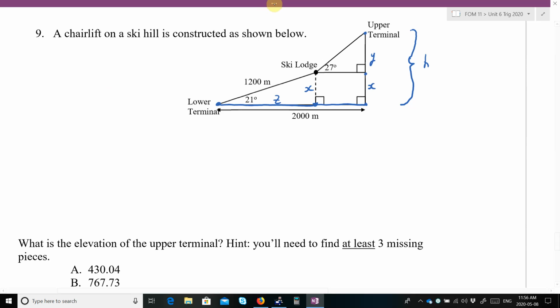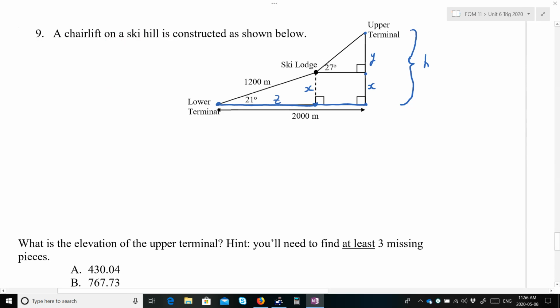So let's first figure out X. Using the 21 degrees, X is the opposite. There's the 90. Across from the 90 is the hypotenuse. Opposite and hypotenuse comes from sine. So sine of 21 degrees is going to equal X over 1200. And then multiply both sides by 1200.